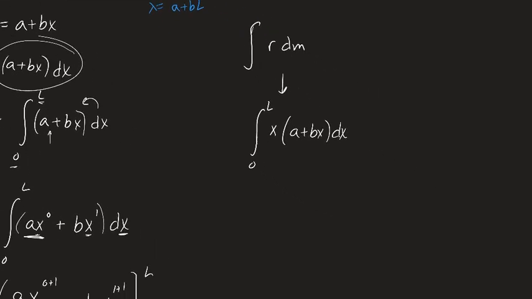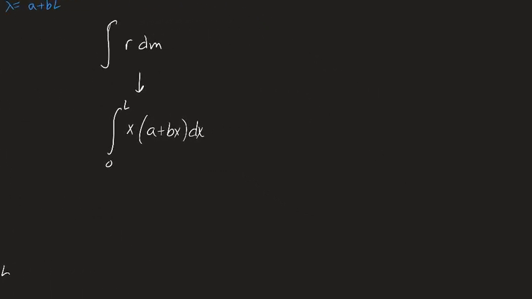Now, this is very similar to what we just did. I'm going to start by distributing the x, and I'll get from 0 to L, ax plus bx squared integrated from 0 to L with respect to x. So I assume you need me to go through all of it.